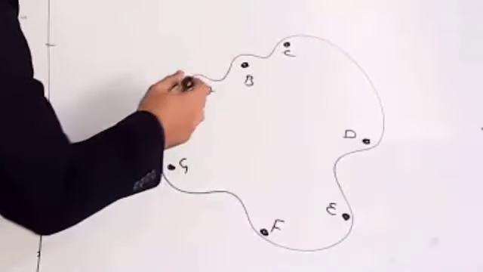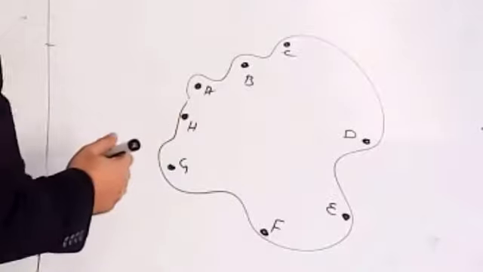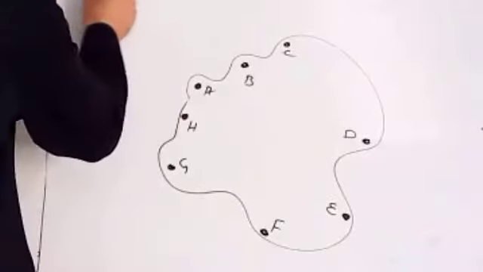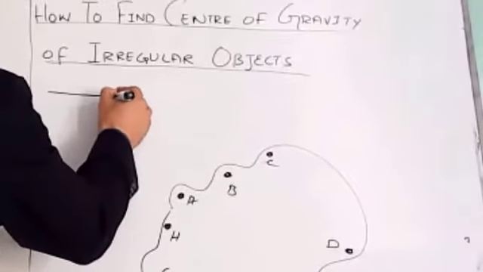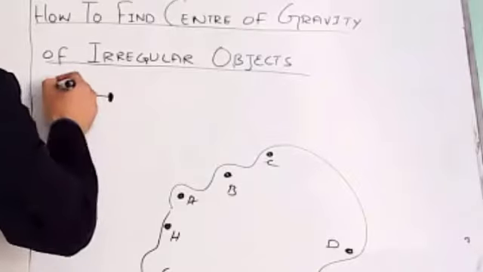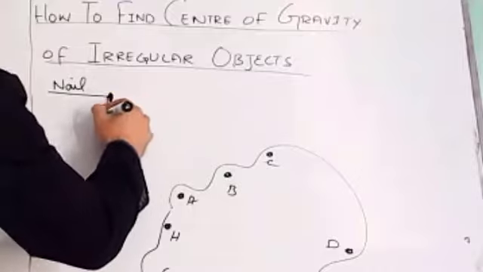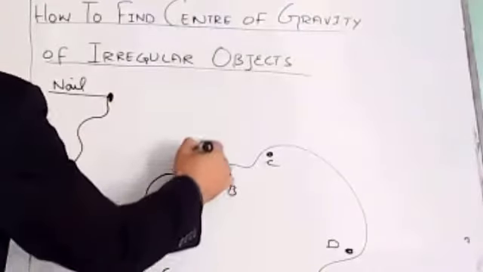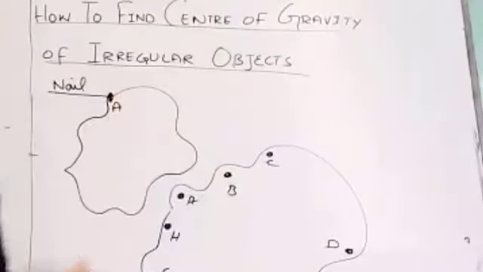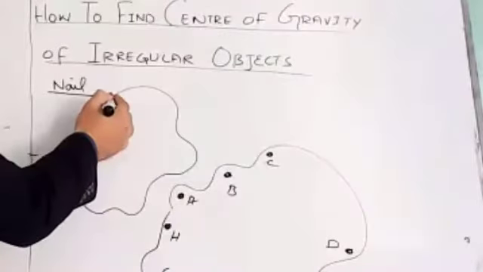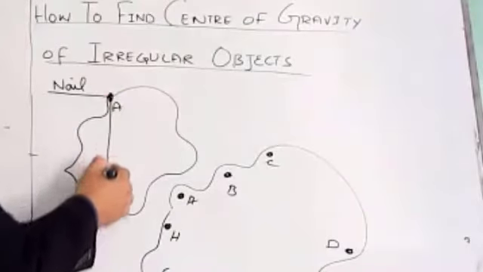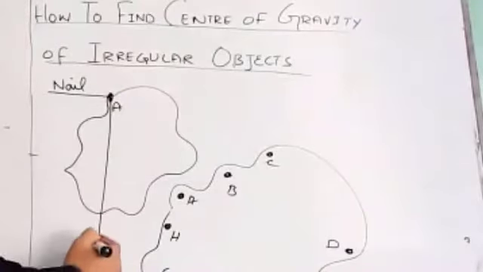Then you're supposed to hang it one by one with the help of a nail. This is a nail. Hang that particular shape hole by hole, like Alpha, and then place a plumb line in this direction. And what is a plumb line?